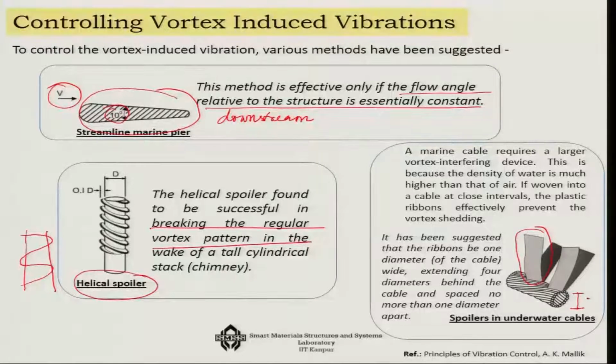For example, if this one is of diameter D, you would see that this is also of the same size, and the separation is also of a very similar level of D, and generally this kind of a cantilever is about 4 times the D. So, this is actually used for underwater cables as spoilers, and this is used for cutting down the vortices, so that the cable does not get affected by the vortices that will generate in a marine kind of an ambience.